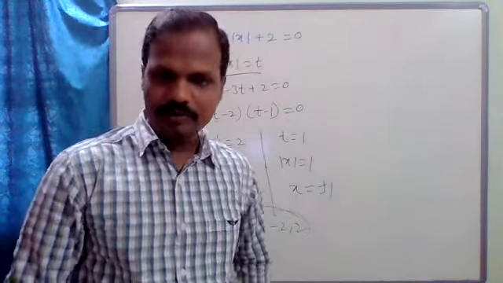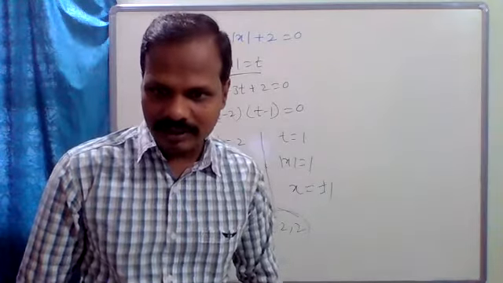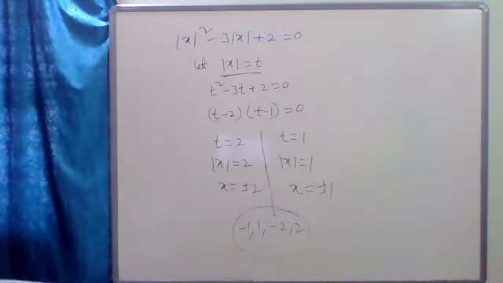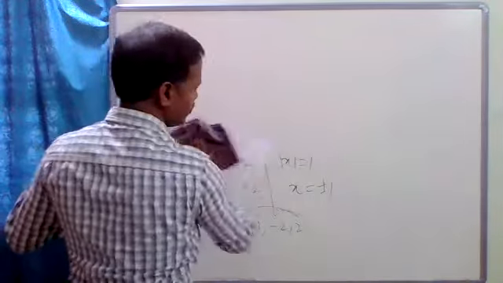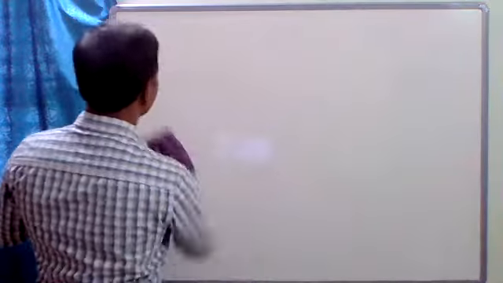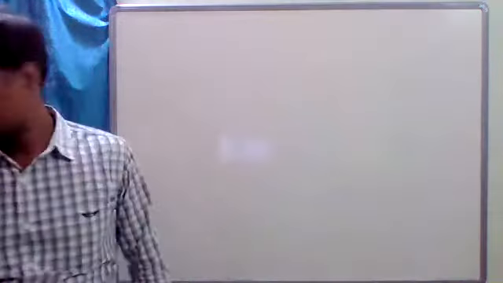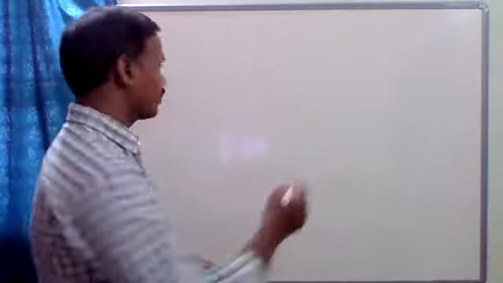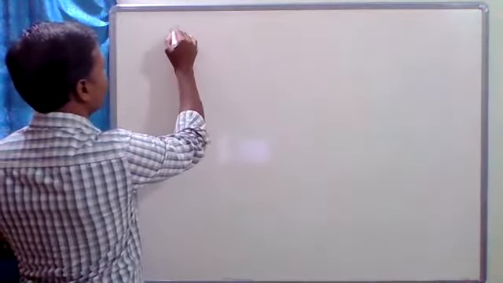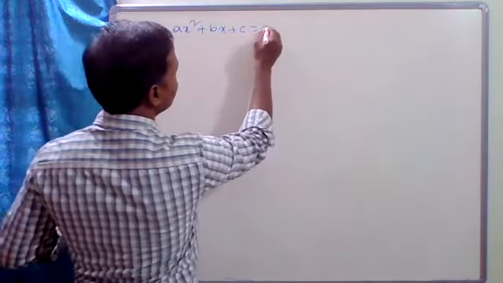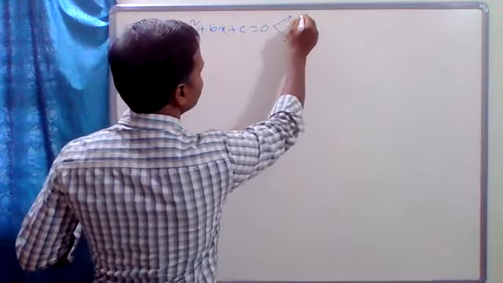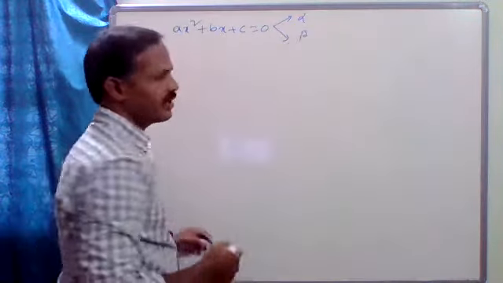Okay, now we will move to the doubt which is asked by Sneha. So the given quadratic equation is ax square plus bx plus c equal to 0. The roots of this quadratic equation are alpha and beta.